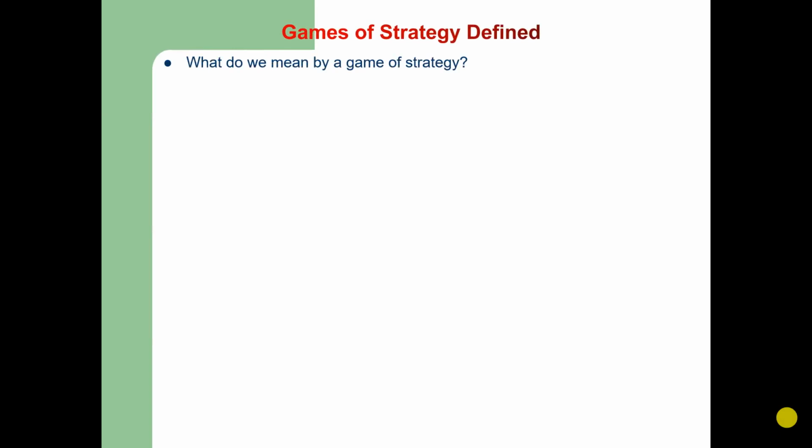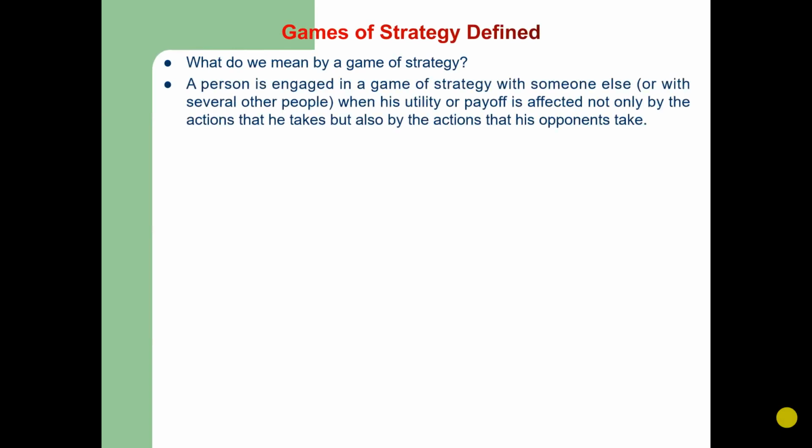So what do we mean by a game of strategy? In this case, a person is engaged in a game of strategy with someone else or with several other people when his or her utility or payoff is affected not only by the actions that he or she takes but also by actions that his or her opponents take.